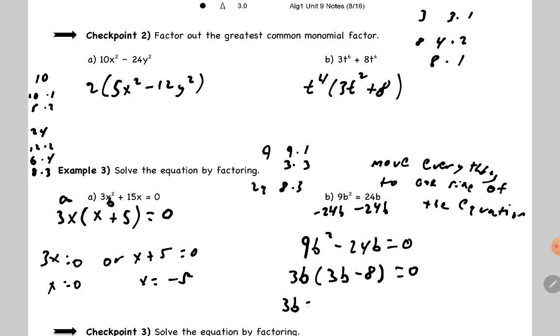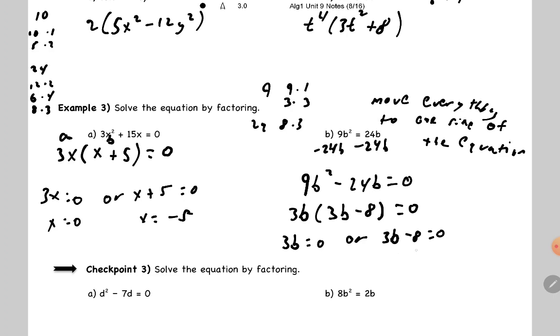So either 3b is 0 or 3b minus 8 equals 0. So I'm going to add 8 to both sides, and I'll get 3b equals 8. Divide both sides by 3, and I'll get b is equal to 8/3. So either b is 0 or b is equal to 8/3.